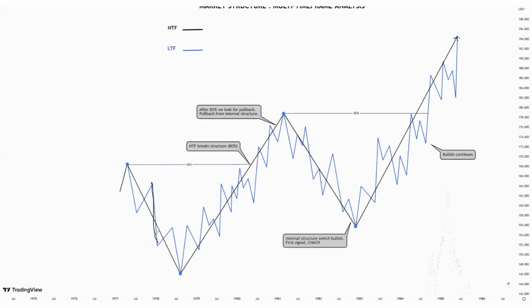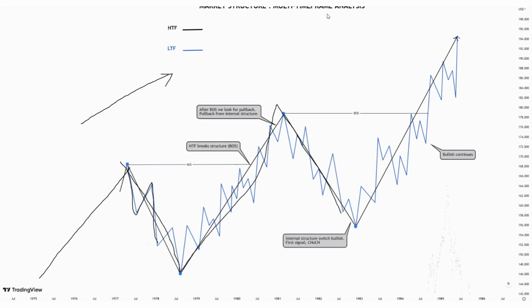Remember that the higher time frame is bullish overall. It's coming from this side, so this is just a pullback, then you push again, and this is a pullback.